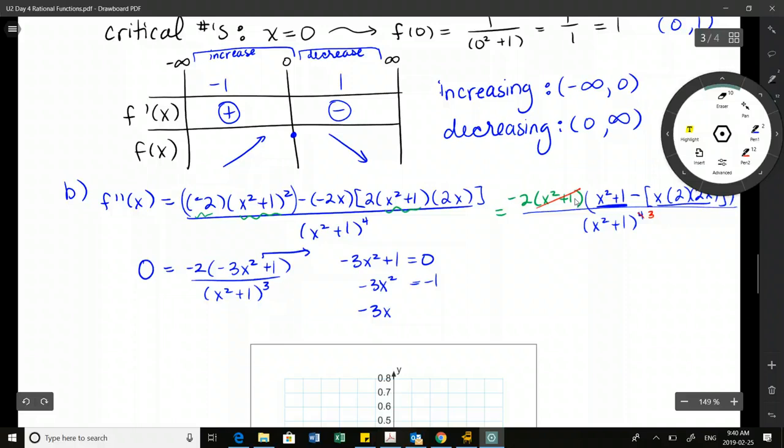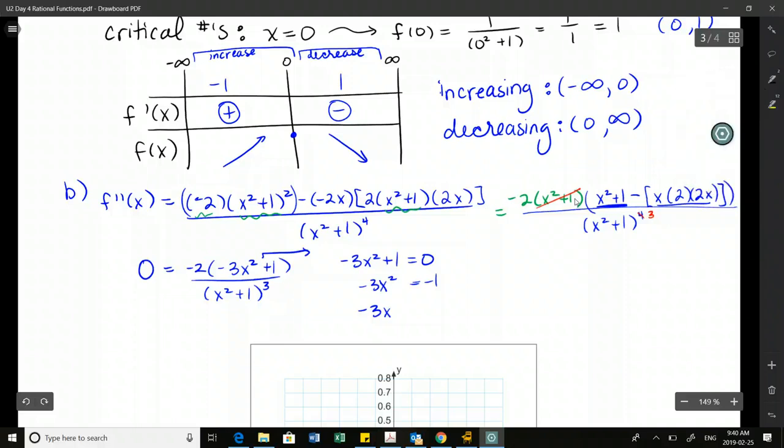And then we can just positive and negative square root this. And when I square root 1, I just get 1.